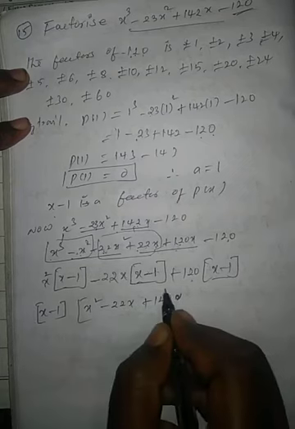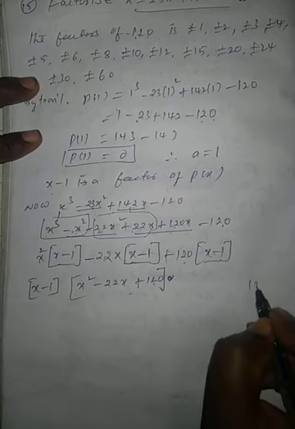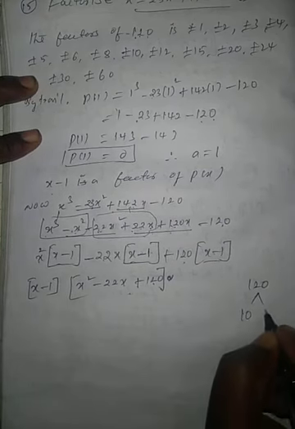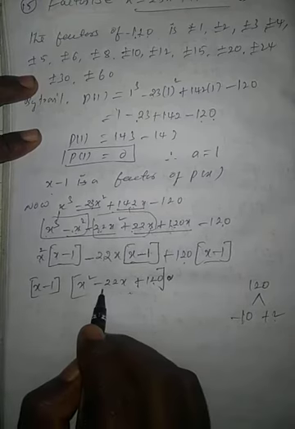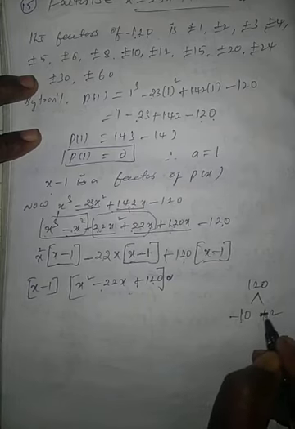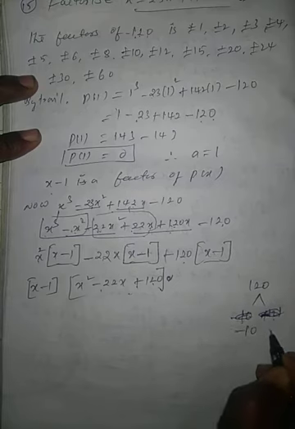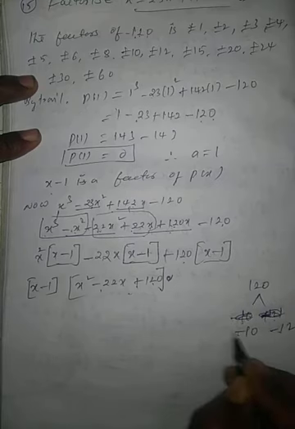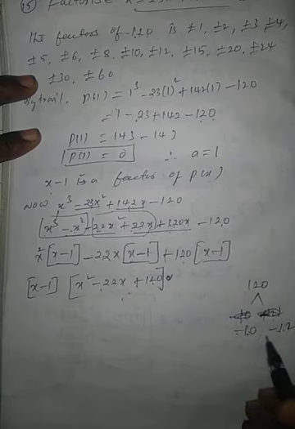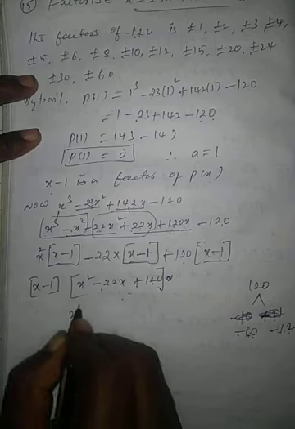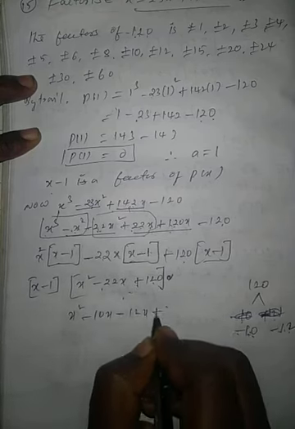So I am going to split the middle term of the given polynomial. Here 120 is the product of 10 into 12. 10 into 12 is 120, and both are minus, so minus 10 and minus 12 add to minus 22. The multiplication of both numbers is 120, and the addition of 10 and 12 is 22. So x squared minus 10x minus 12x plus 120.